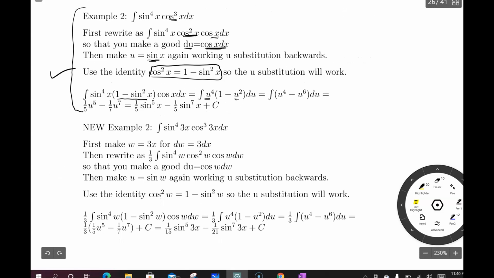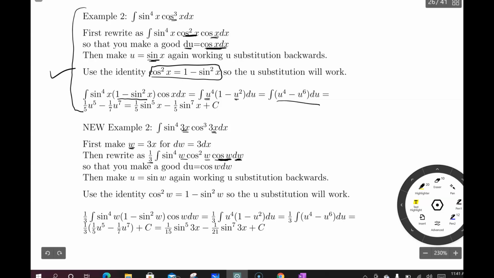Okay, so now I'm looking at this, and I've got the angle 3x inside of both of them. So that's what I'm going to let W equal, to make the angles nicer. So dW is 3dx, so I get a 1/3, and I have W's. I begin the process to peel off the cosine dW, and I go through the same process.